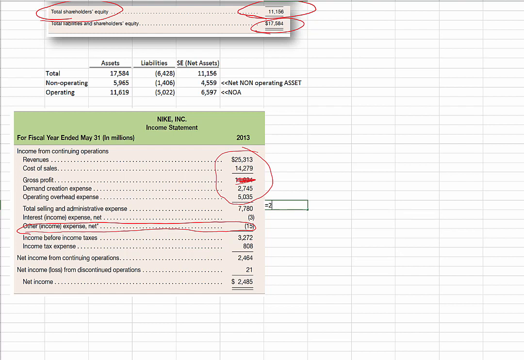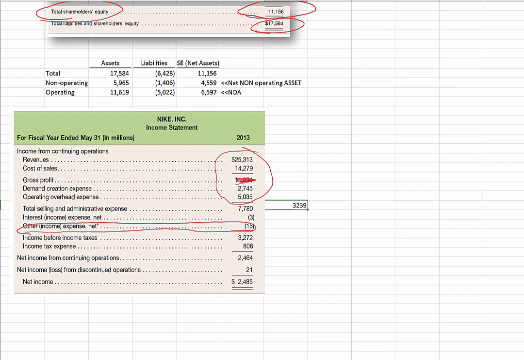So let me say 25,313 in revenues minus 14,279 for cost of sales, minus demand creation expense, which is probably advertising and other things, 2745, minus operating expenses of $5,035,000,000, minus other of 15, and I think that's it for my operating items. 3,239,000,000.